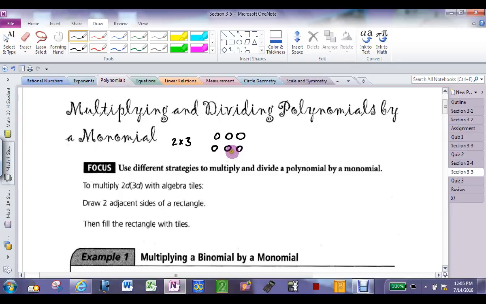And then, in about grade 6, you probably talked about the area of a rectangle being 2 times 3 because 2 times 3 got you 6 in the middle. You guys have seen both of those constructions, yes?